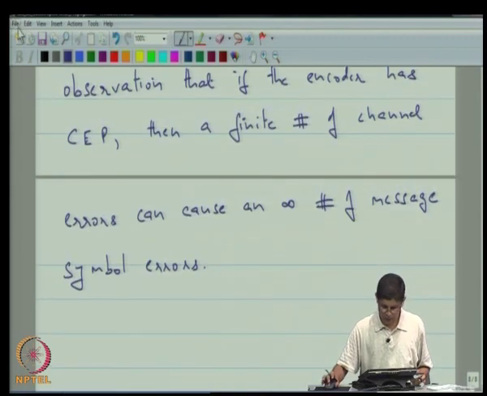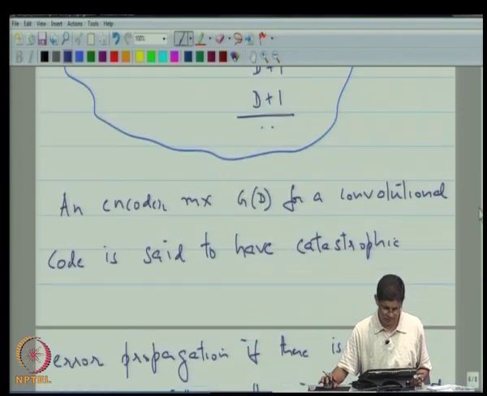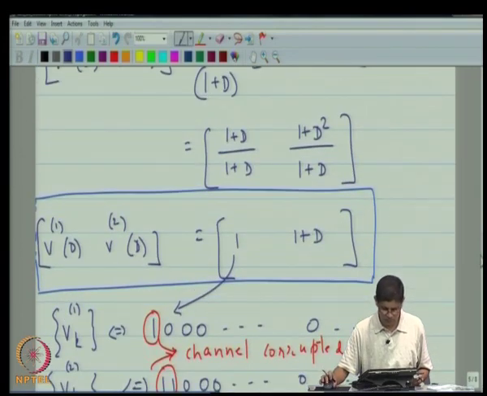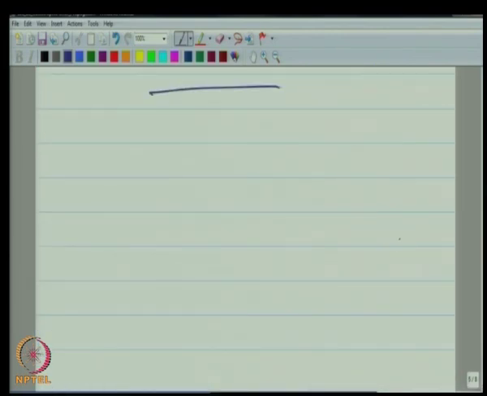Okay. Now, obviously, this is a situation that you would like to avoid. So, the natural question is, well, what is it that is different between the two encoders?